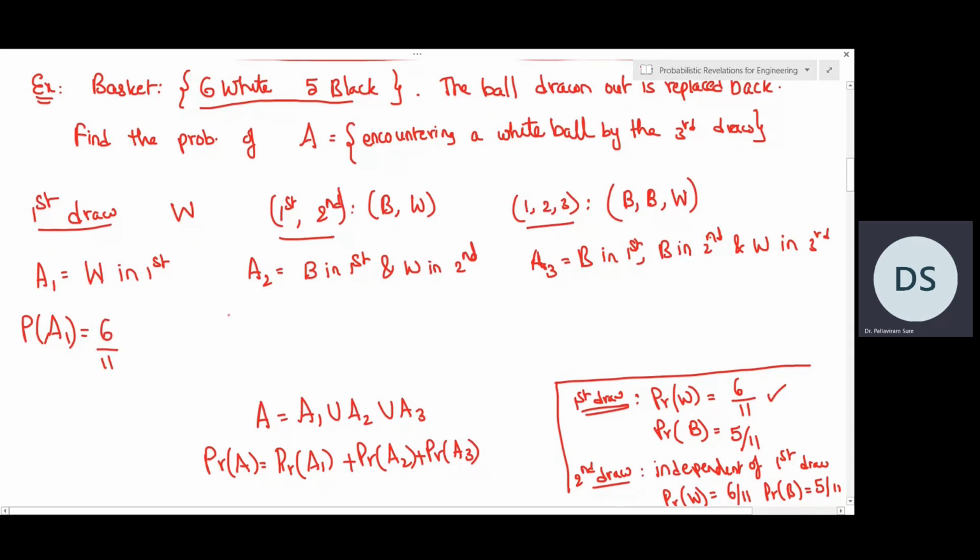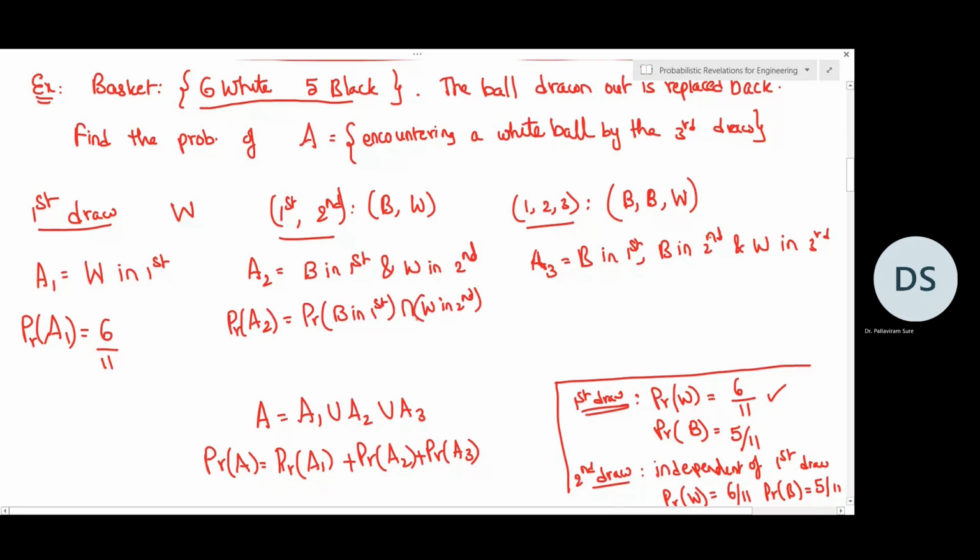Now if we want to write the probability of A2, we can observe that this is the probability of B in first, intersection white in second. Now black in the first draw is an event which belongs to the first draw. White in second belongs to the second draw.